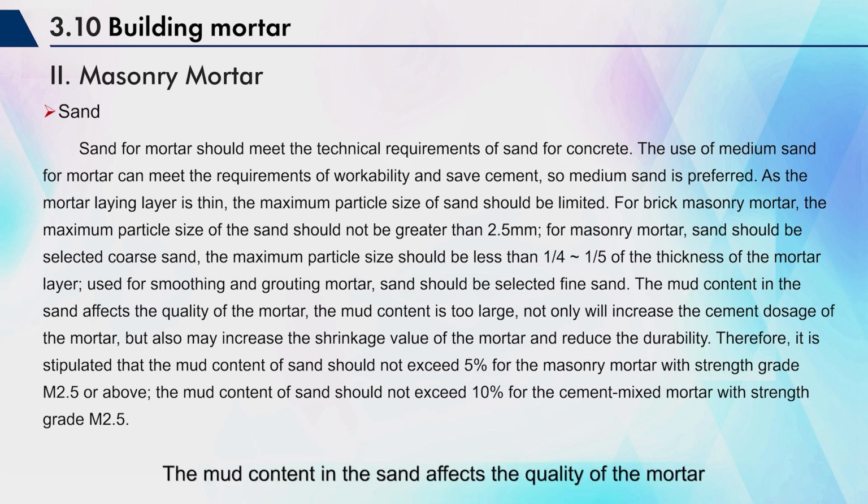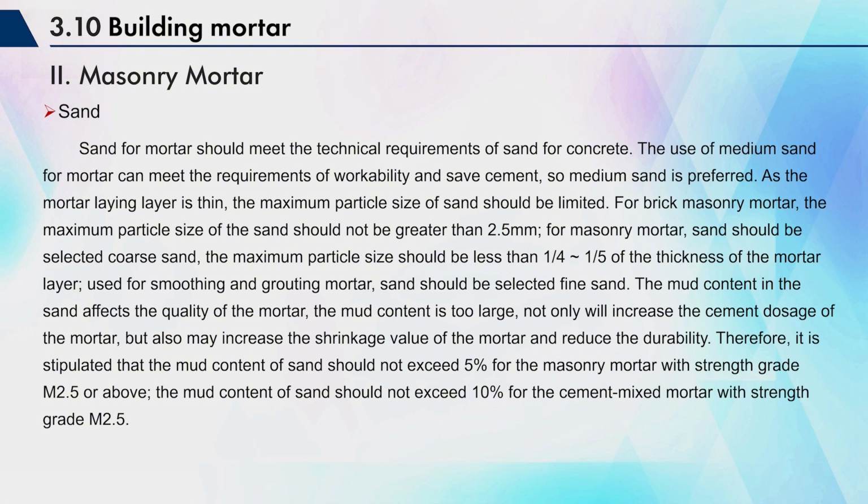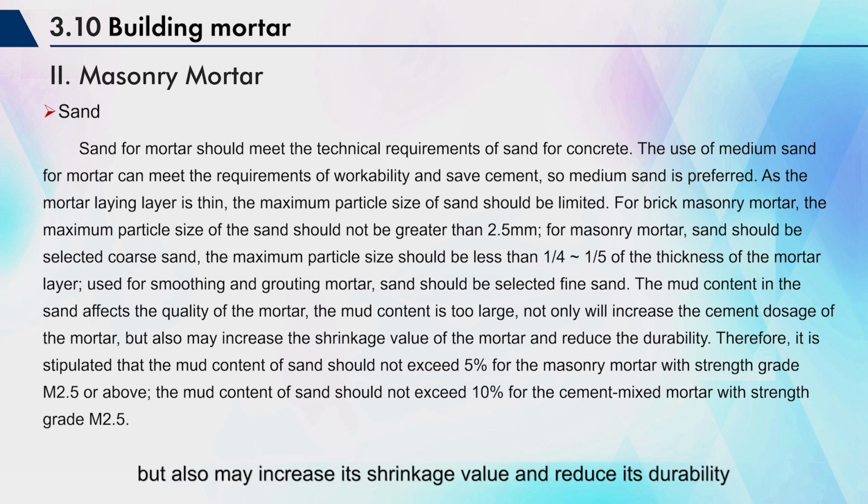The mud content in the sand affects the quality of the mortar. If the mud content is too high, it not only increases the cement content of the mortar, but also may increase its shrinkage value and reduce its durability. Therefore, for masonry mortar with a strength grade of M2.5 or above, the mud content of the sand should not exceed 5%.